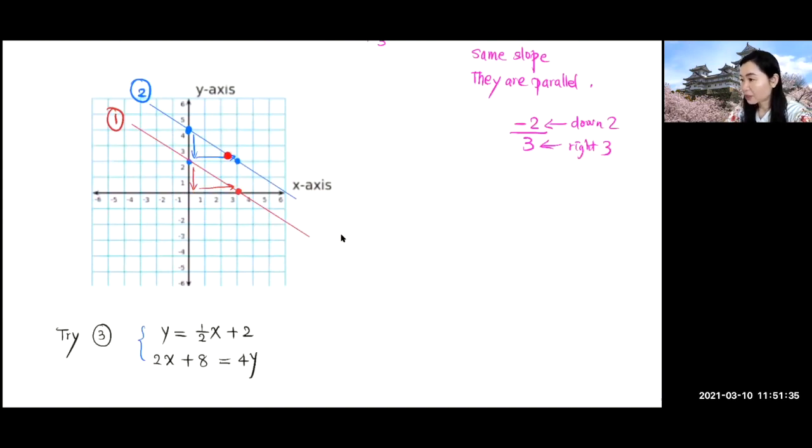When two lines are parallel in the two-dimensional plane, they don't intersect. So there's no intersection point. But the intersection point corresponds to the solution of the system. So if I don't have an intersection point, I will have no solution.